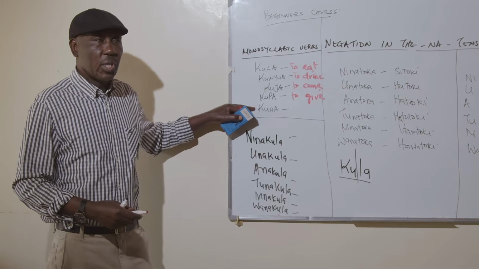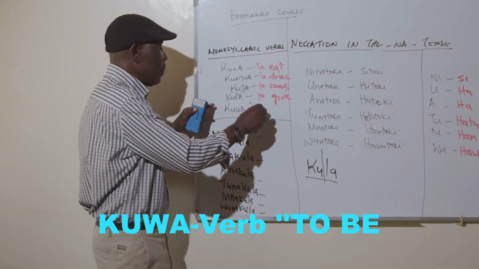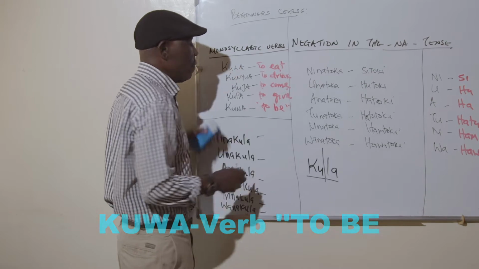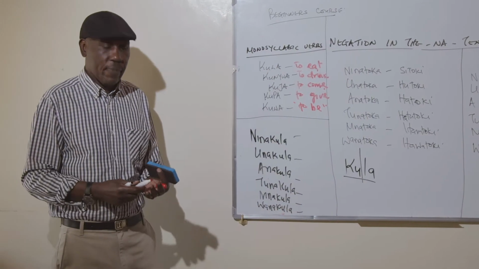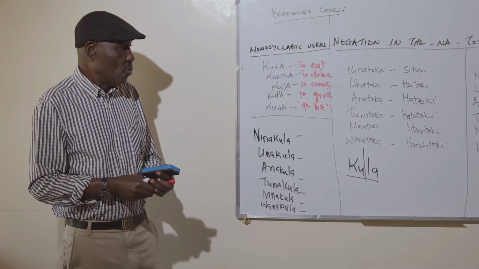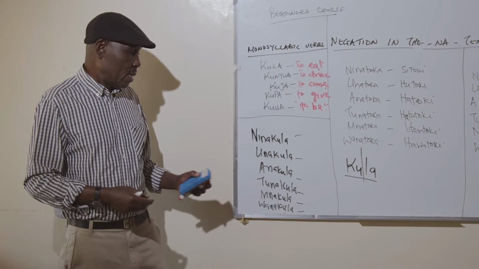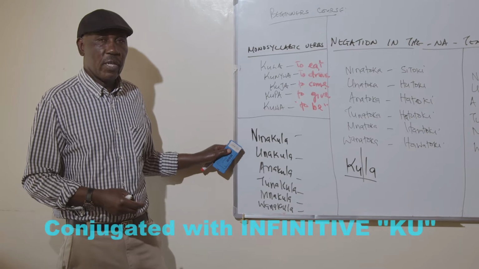Kuwa is to be. Kuwa is the verb to be in Kiswahili. So whenever you use these verbs, you'll find that you conjugate with the infinitive ku.